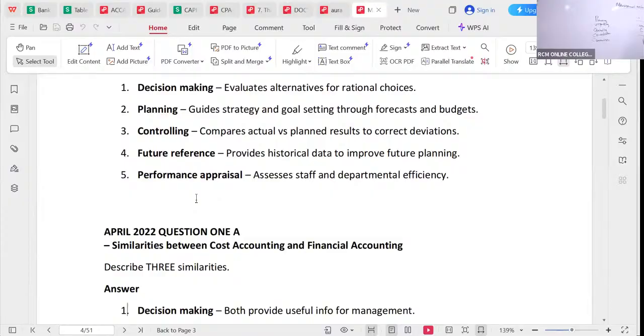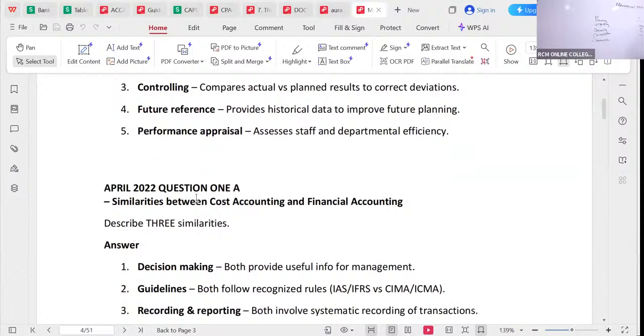I think I've tackled enough questions and I can go to the next topic, because my aim is to show you there are similarities between cost accounting and financial accounting. Are they similar? Yes. In decision making, both provide useful information for management. Both follow recognized rules. Even if management accounting is quite flexible, it still follows what we call CIMA, the Chartered Institute of Management Accountants.